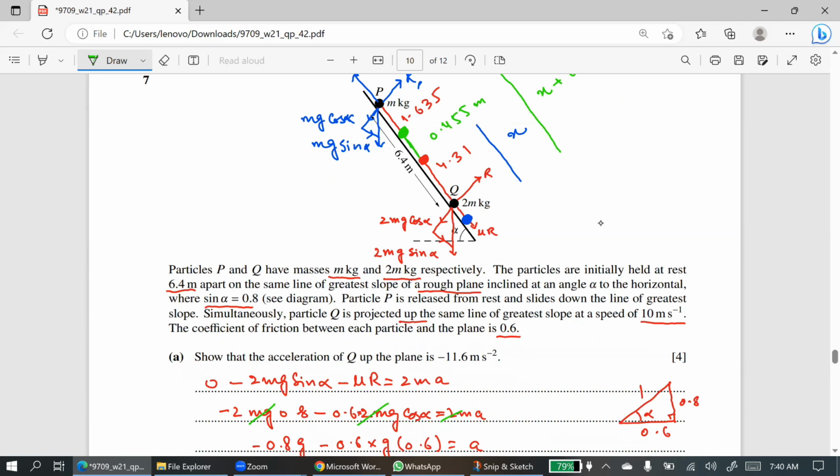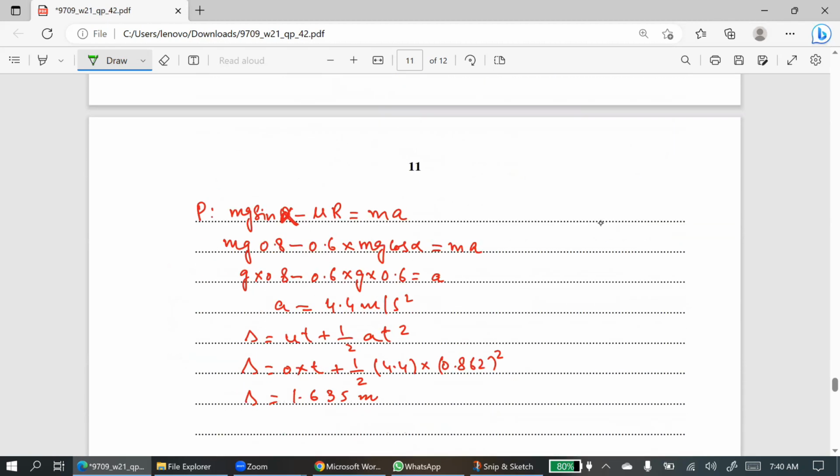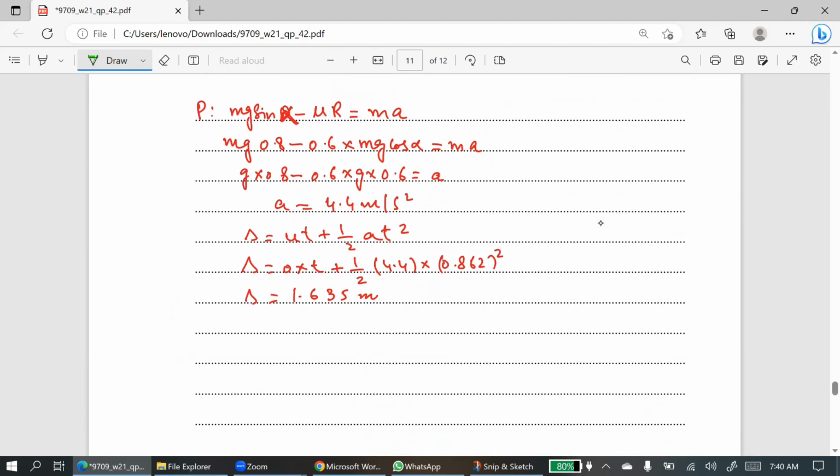Now we will also find out the final speed of particle P.